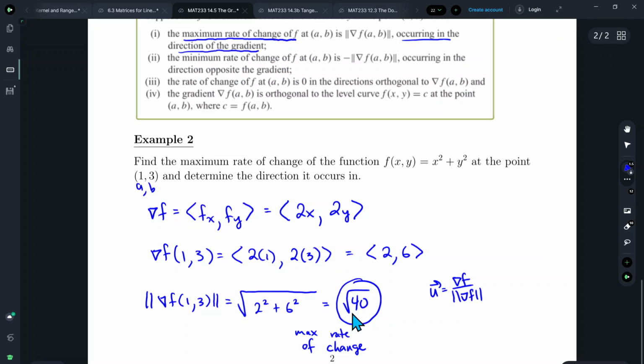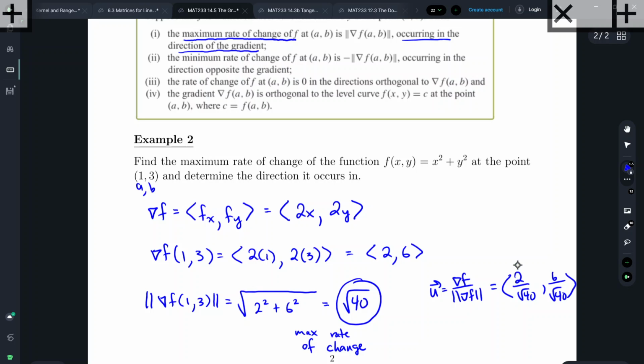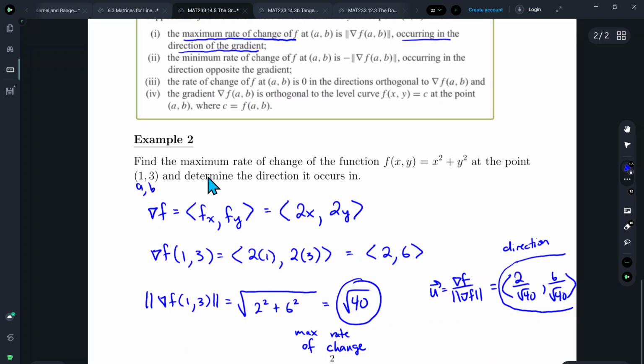We calculated the magnitude as the square root of 40, so it's just going to be (2 over square root of 40, 6 over square root of 40). So this is going to be my direction. Okay, so that's example 2.